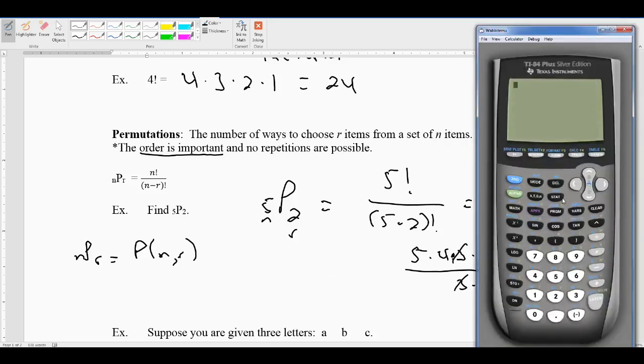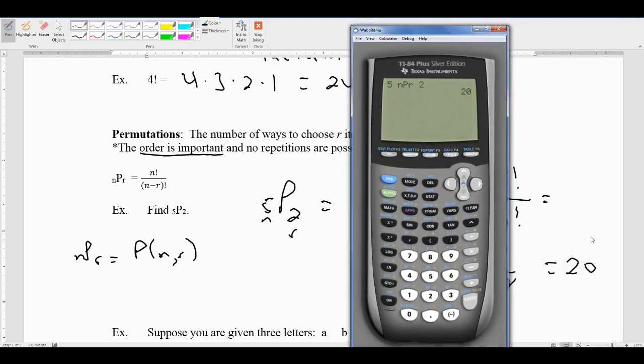And the graphing calculator does. If you hit math and go left, you'll see it, nPr. To use that, you hit the 5 first, then math over, and then 2, which brings up that key, and that 2 represents the r. Hit equals, or enter. And you get the 20 that we just found.